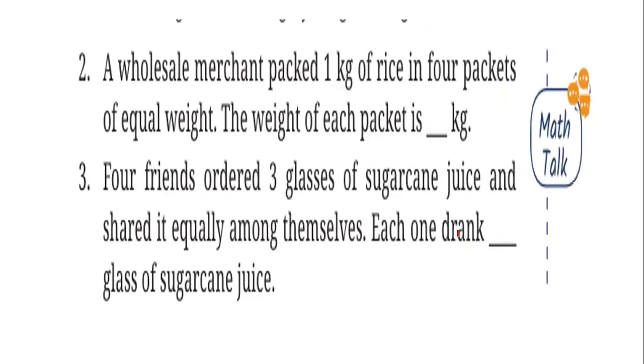Simple. Next, a wholesale merchant packed 1 kg of rice in 4 packets of equal weight. The weight of each packet is dash kg. That means 1 kg is divided into 4 equal parts.